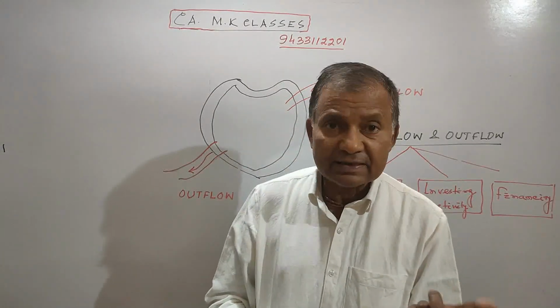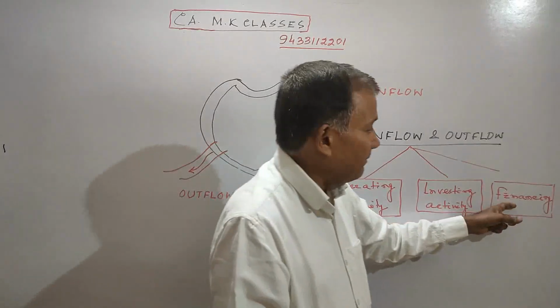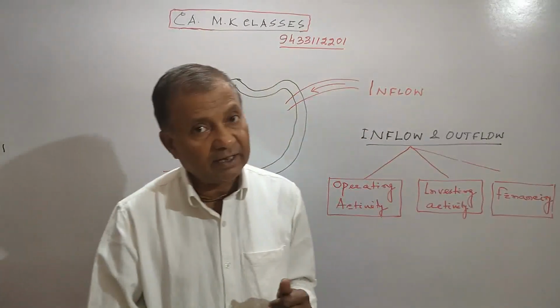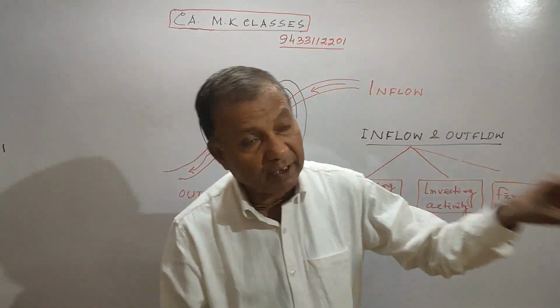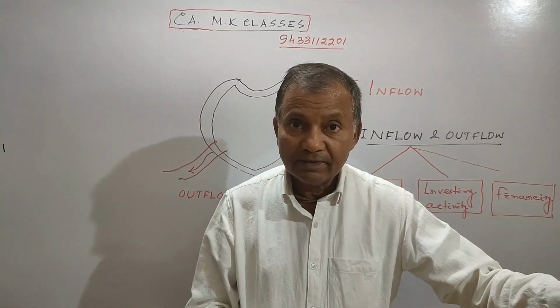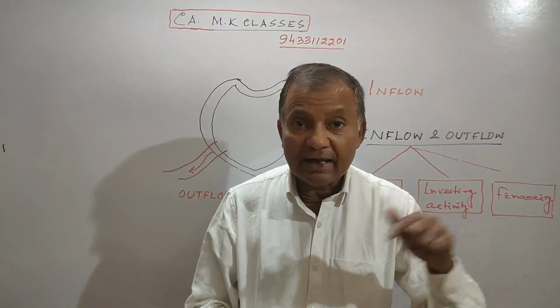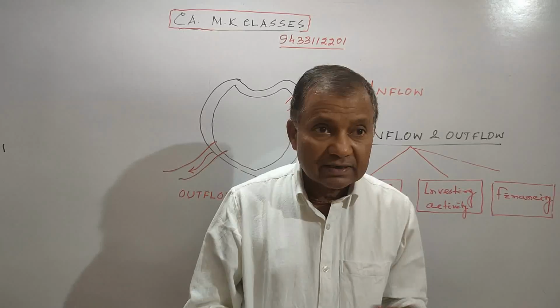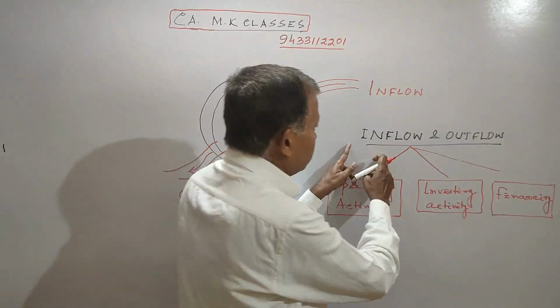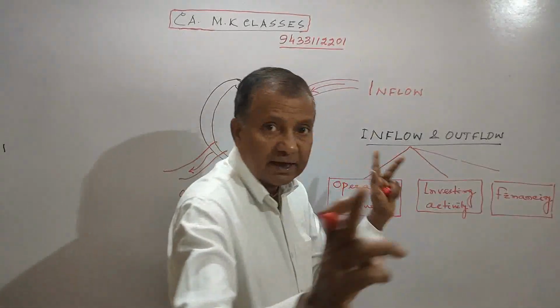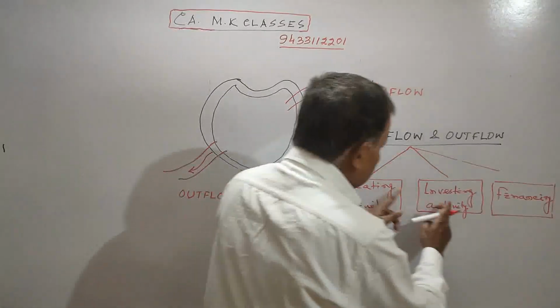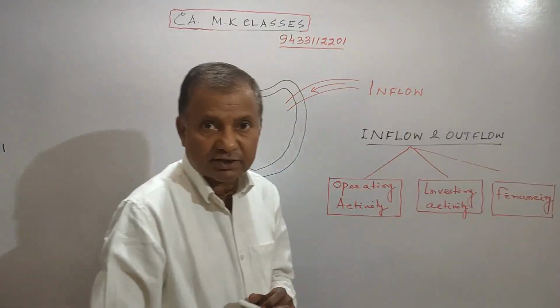All these things come under financing activity. How the business is being financed, this is called financing activity. Similarly, all the inflow and outflow of cash is divided into three parameters.